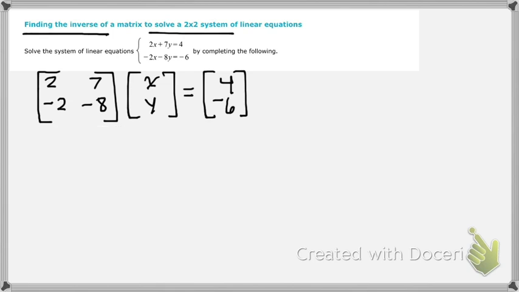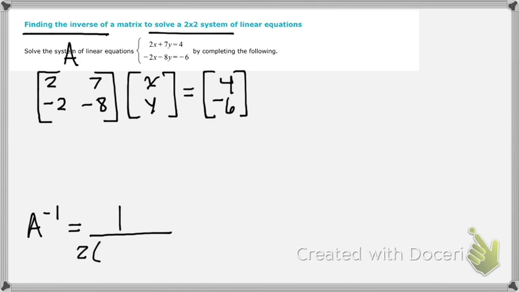So the first thing I'm going to do is find the inverse of this matrix here. We'll call it matrix A, I suppose. And I'm going to go down here and say this is the inverse of that matrix A up above. And that is going to be following a formula, which you should have in your notes from a previous lesson.